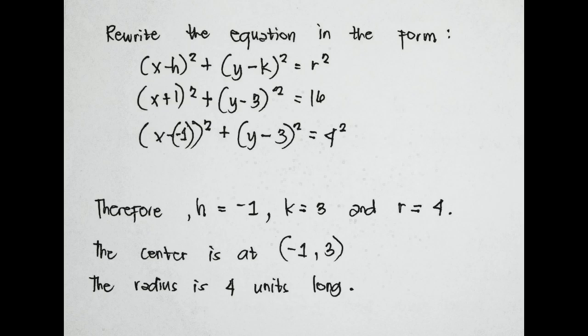We rewrite the equation in the form x minus h squared plus the quantity y minus k squared is equal to r squared. So we have our h is negative 1, and our k is 3, so we have x plus 1 squared plus y minus 3 squared.